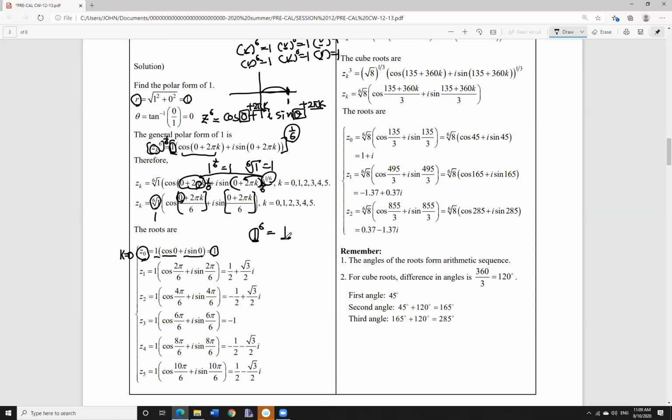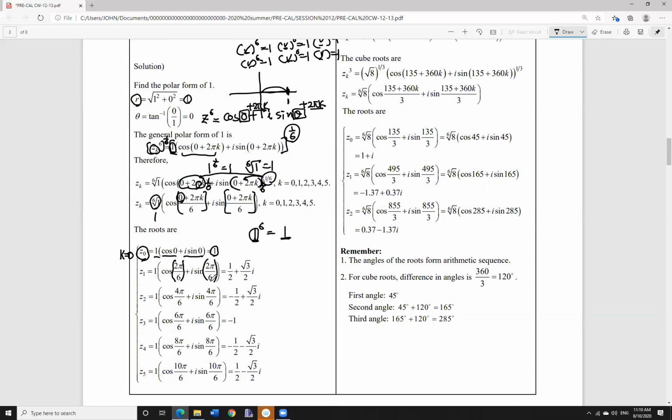What about the next one? The next one is when k is 1, now increased by 1, right? When k is 1, 0 plus 2 pi, so what is it? 2 pi over 6, isn't it? That's the first one, 2 pi over 6, okay? What is the value of cosine 2 pi over 6? Actually, cosine pi over 3, right?